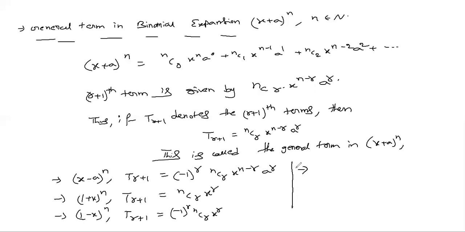Then what is the rth term from the ending for the binomial expansion (x + a)^n? The rth term from the ending is, with total number of terms n + 1, (n + 1) - (r - 1) to be done.